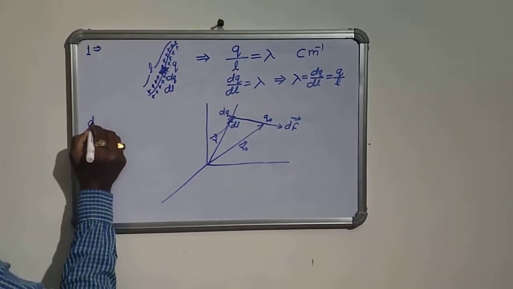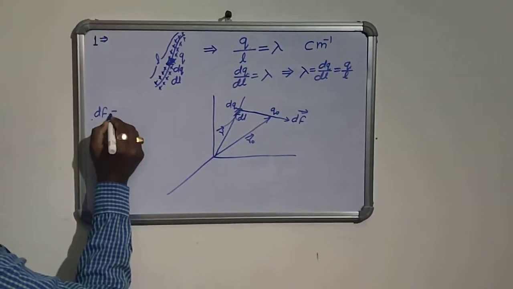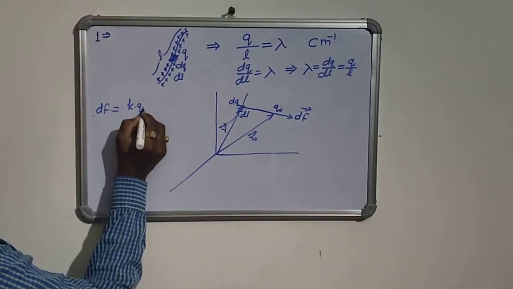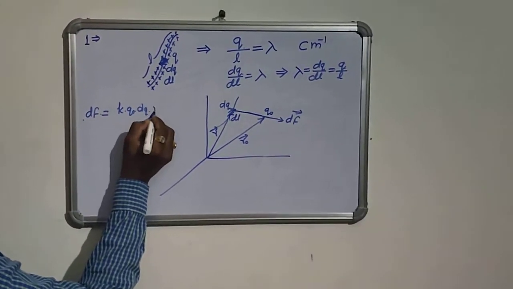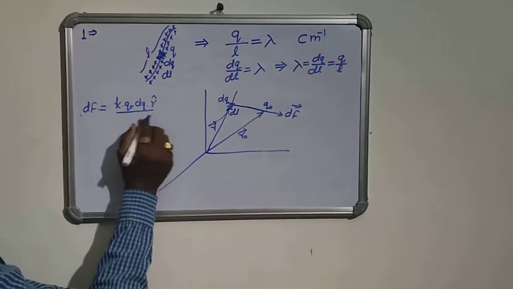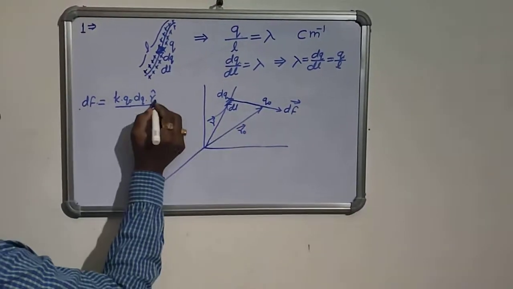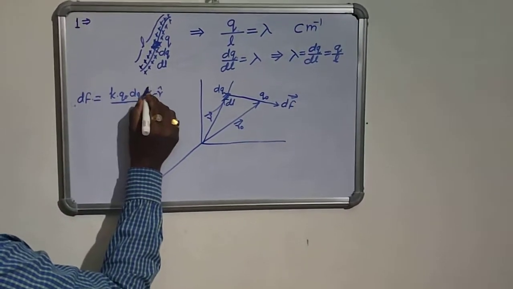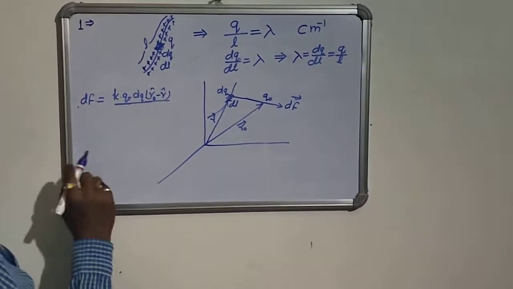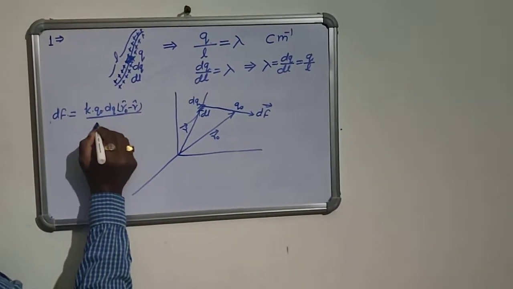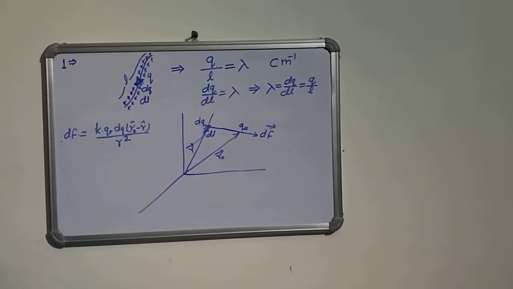So dF can be written as k q naught dq r cap upon |r naught minus r| square. In the previous class I taught you this.